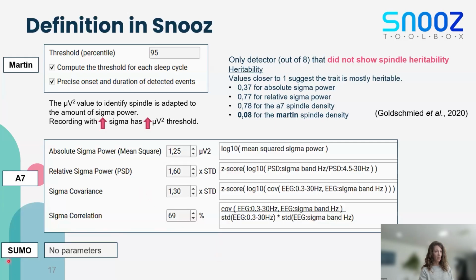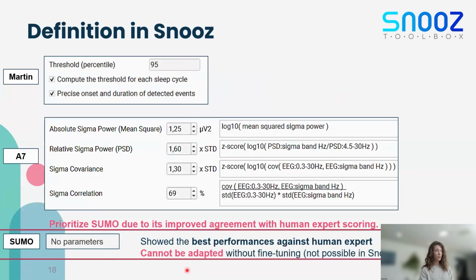For Sumo, Sumo doesn't have user editable parameters because we just use the already trained model. So I strongly suggest using Sumo due to its improved agreement with the human expert scoring, unless you specifically need to adapt the detector to your research questions.